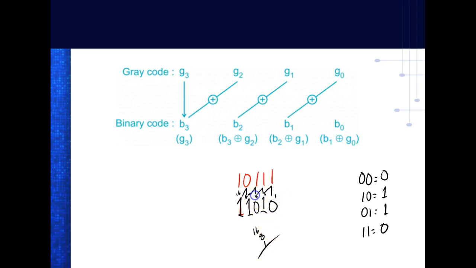1, 2, 4, 8, 16. 16 plus 8 plus 2. I'm sorry, I can't do math. So what does that give us?